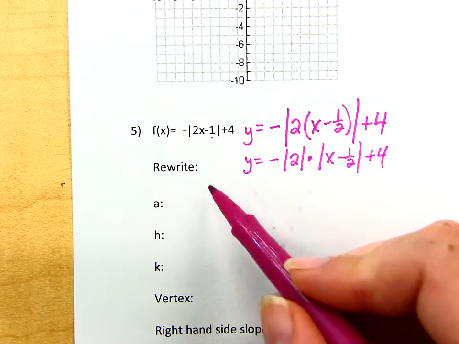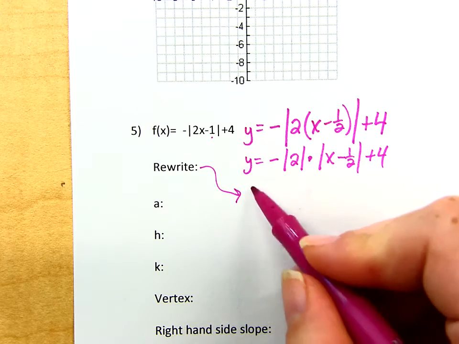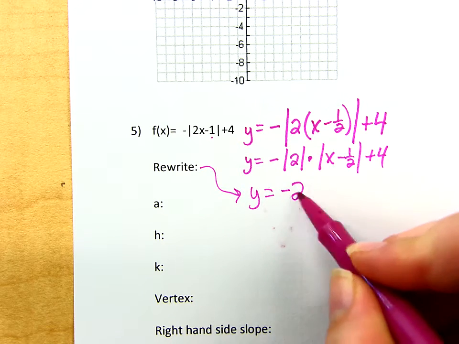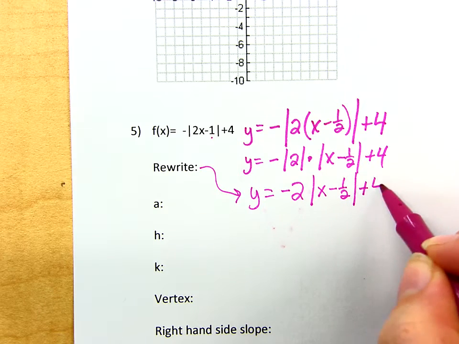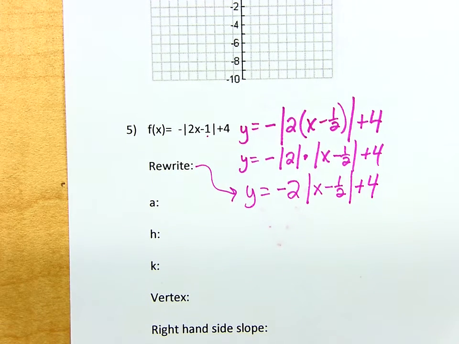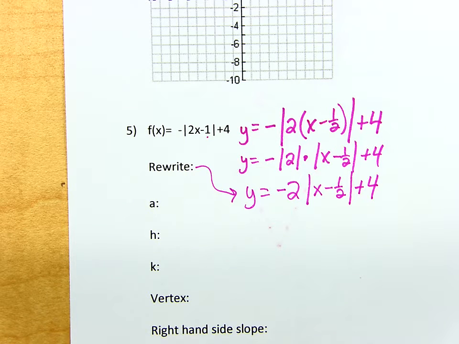So when I rewrite it, it's really going to look like this: -2 absolute value x minus 1/2 plus 4. Is that okay? It's weird, and it gets weirder with weirder numbers, but hopefully you can see where we're going with this. Once you get it here, now you're golden.